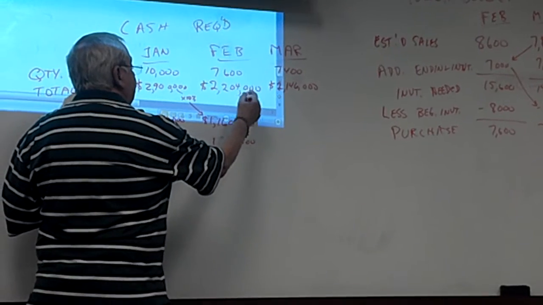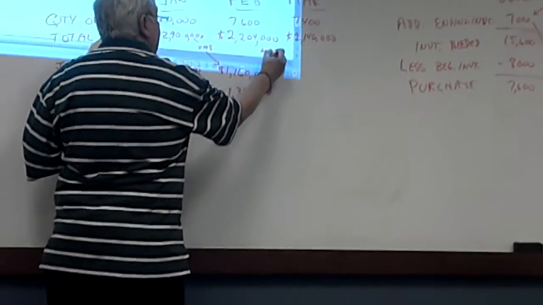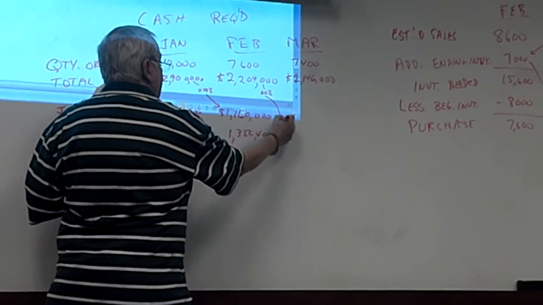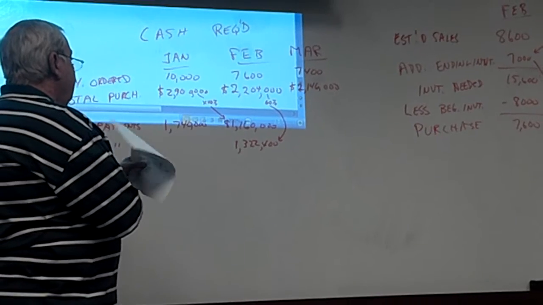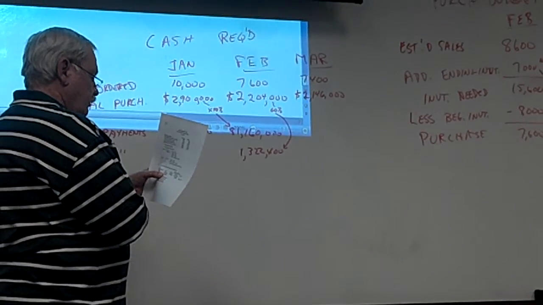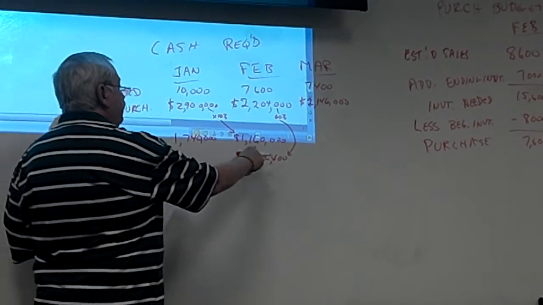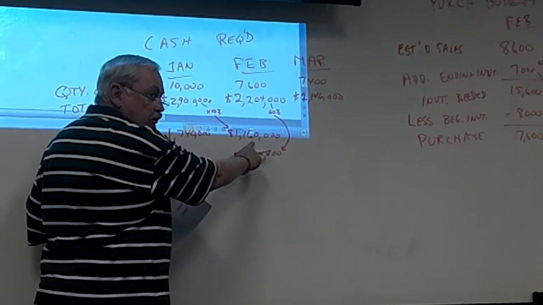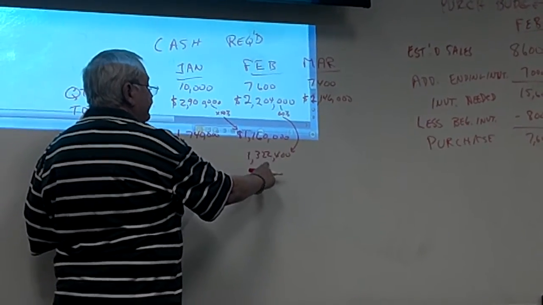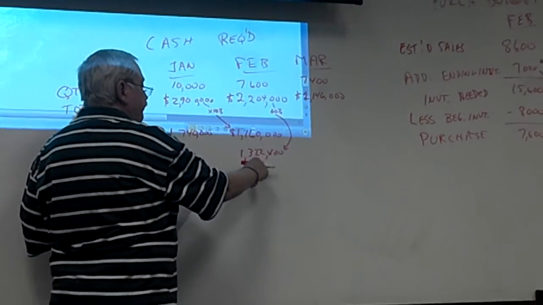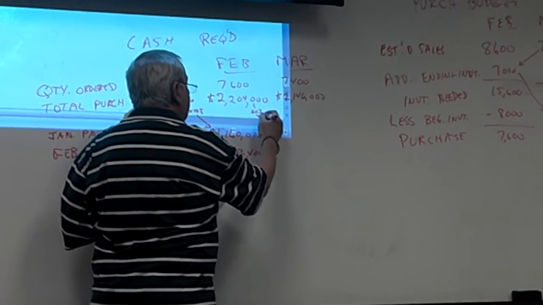Is that 60% of what? Which is 60% of this guy. 2,204,000. So you just carry it over. It has nothing to do with that extra 40% you just put in February. That's from the previous month. That's the balance. Yeah, that's left over from January purchases. This is 60% of February purchases and 40% of February purchases.